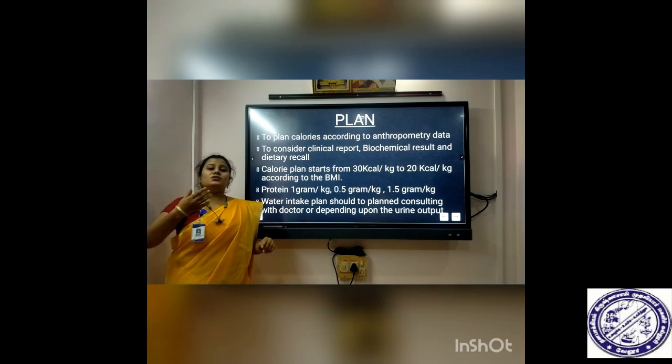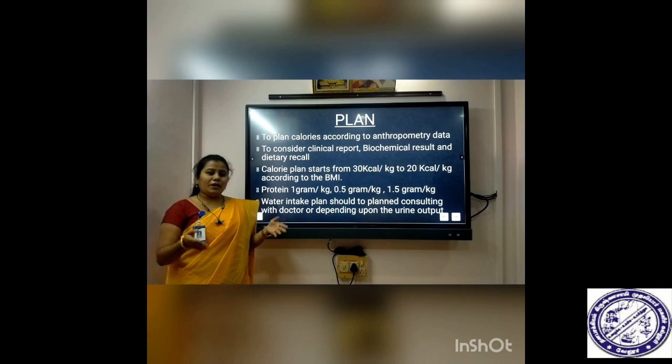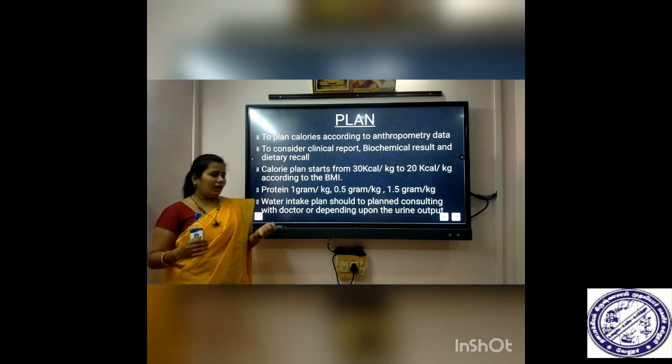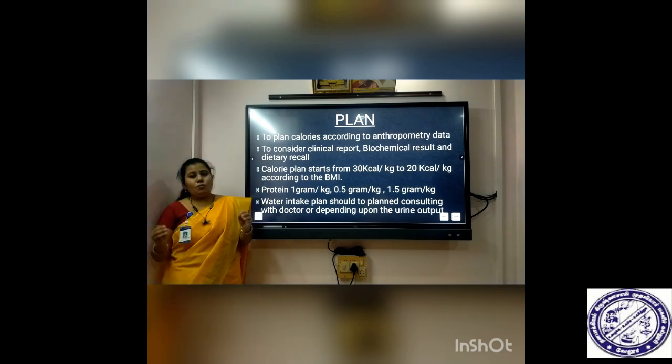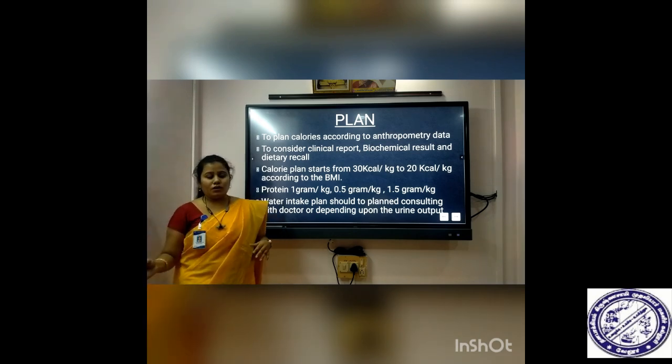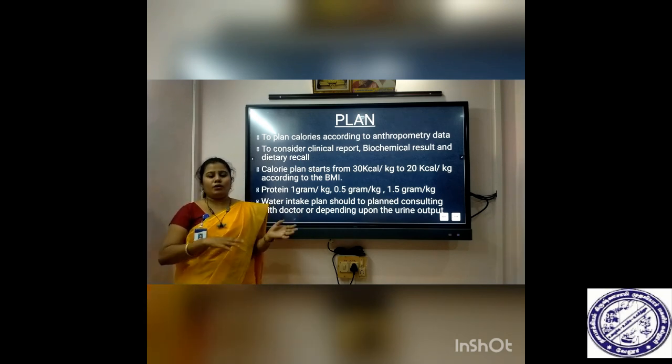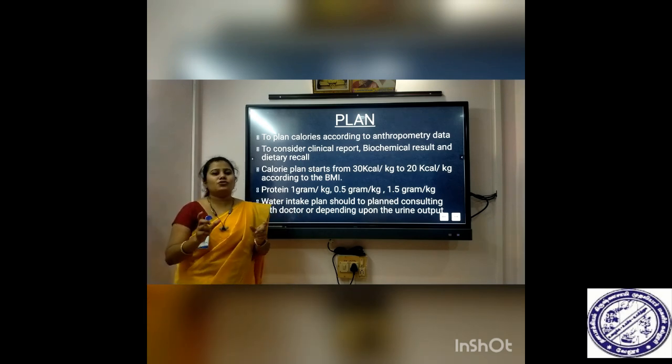If he needs more protein, for example he is very underweight, we can go up to 1.5 grams per kg. And the next is water intake. Water intake should be consulted with the doctor if the patient has serious renal dysfunction or has had surgery. We need to check his urine output and then finally find out how much water he should take.